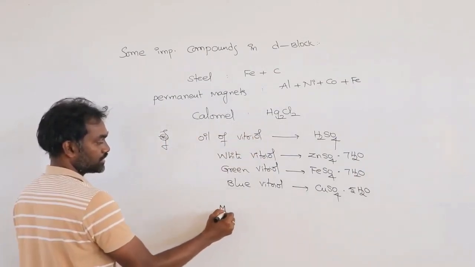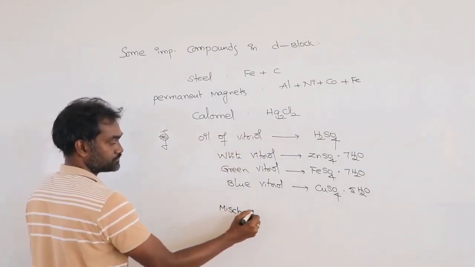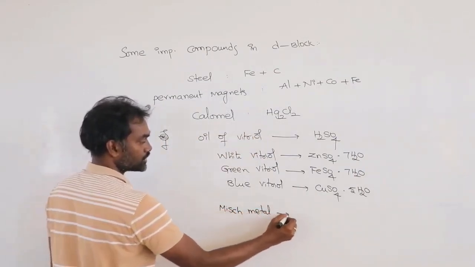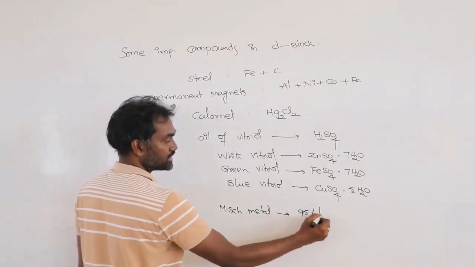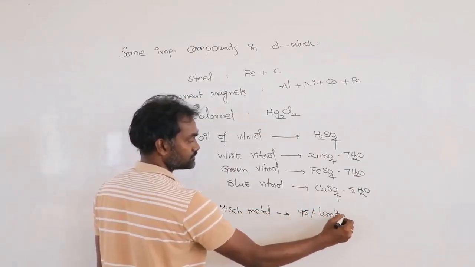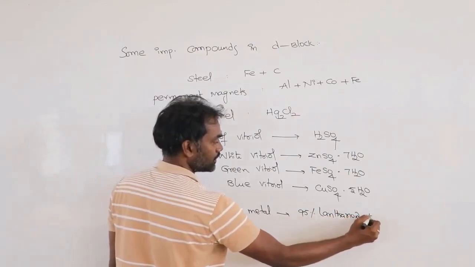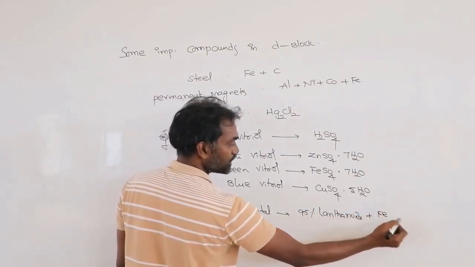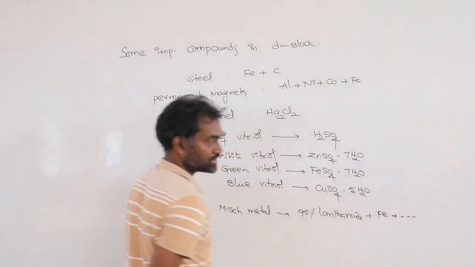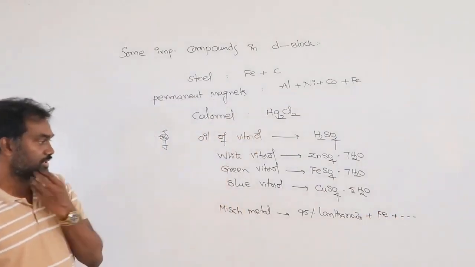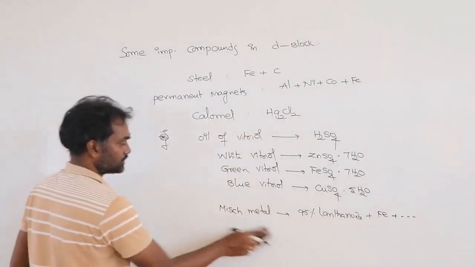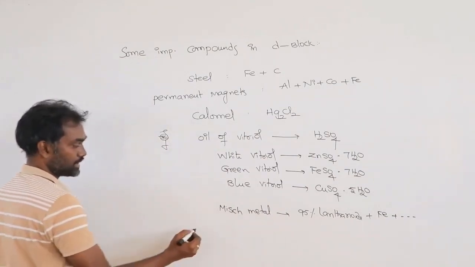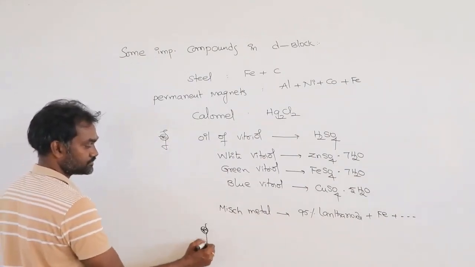See, next you take a mish metal. So this is 95% lanthanides plus iron 5% and some other impurities also they have. So that is one important. Next, highest density.